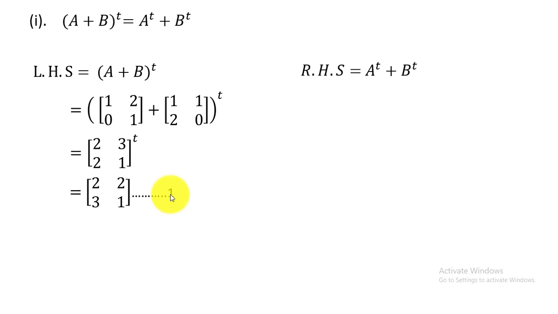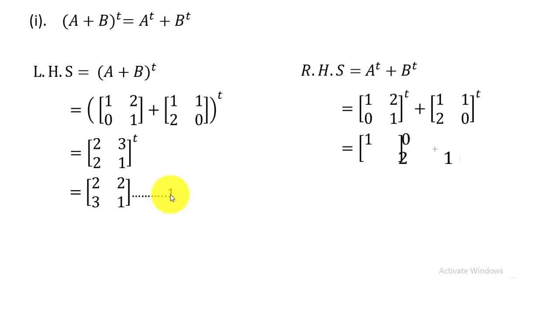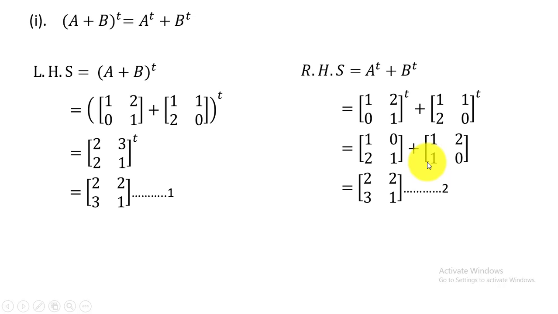So right hand side is equal to A transpose plus B transpose. First, find the transpose of matrix A and matrix B. So the transpose of matrix A is the matrix having elements 1, 0, 2 and 1, plus the transpose of matrix B, that is equal to the matrix having elements 1, 2, 1 and 0. Now find the sum of these two matrices.